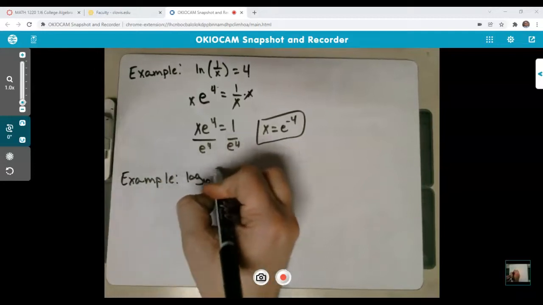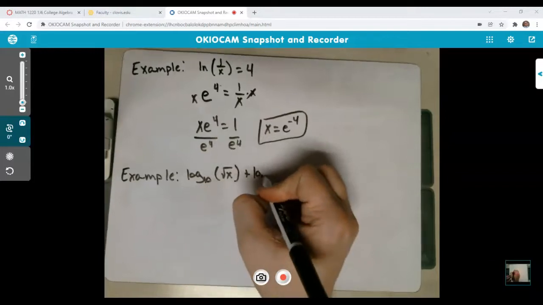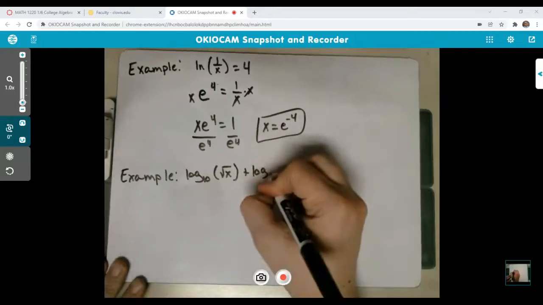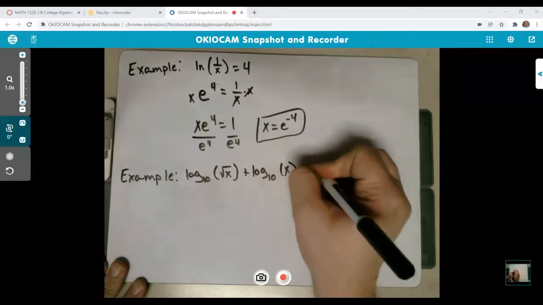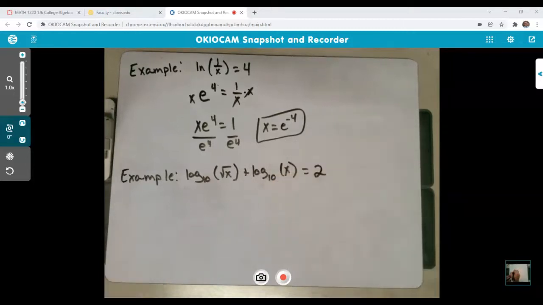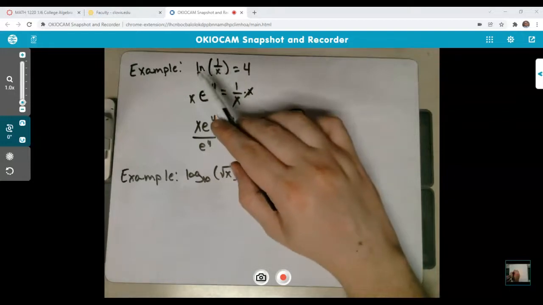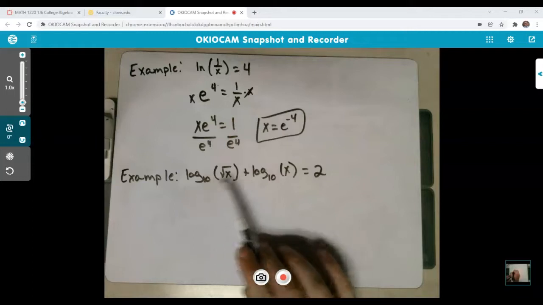log base 10 of the square root of x plus log base 10, forgot the g, sorry, log base 10 of x, and we're saying that's equal to 2. The good thing about the last one we did was that on the left side I just had 1 log, right? But on this side I have 2 of them.